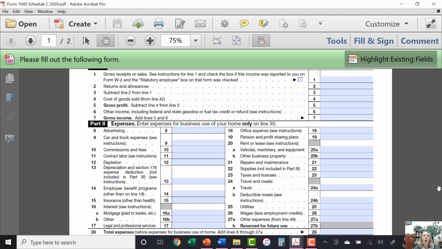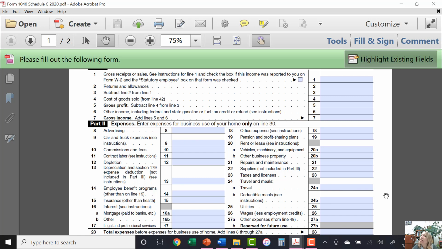If you have an expense, say for advertising, you would put it up here in line 8. If you have depreciable assets, the depreciation expense will go here in line 13. Did you pay on a mortgage or pay interest? Did you have office expenses? Did you rent or lease machinery? Did you have deductible travel and meals? Things like that.